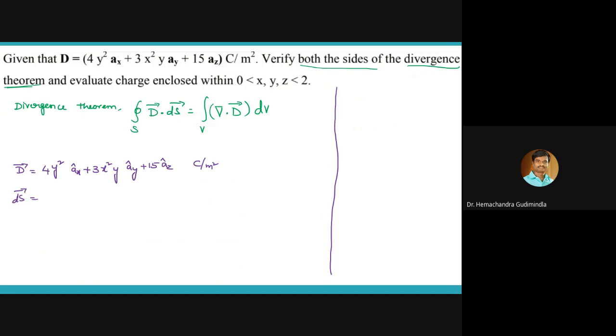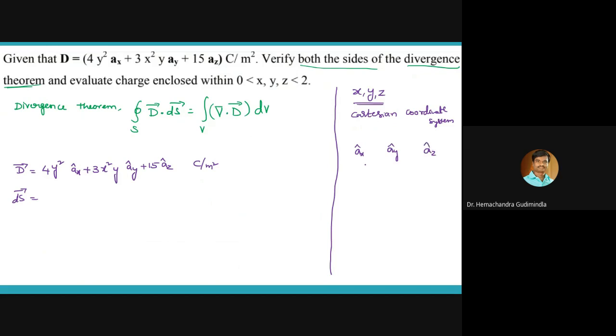Now you can see over here x, y, z are given. If xyz is given, that is the Cartesian coordinate system. Just write it here: ax cap, ay cap, and az cap.